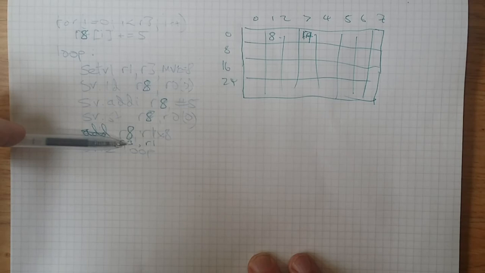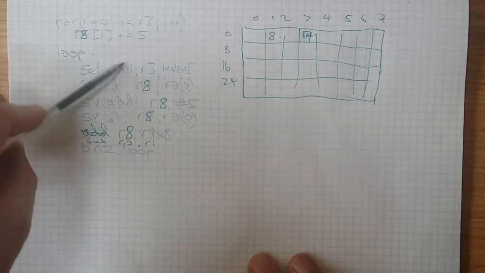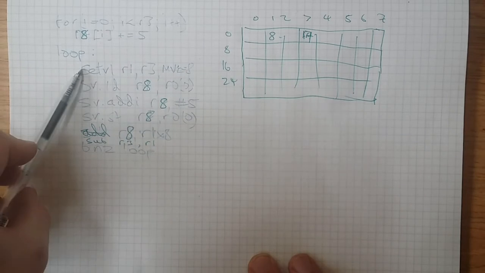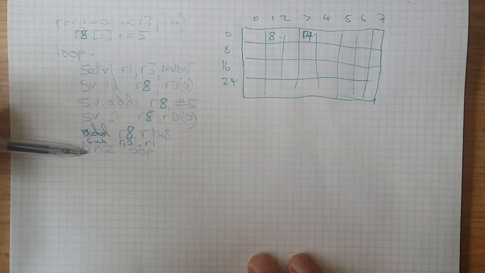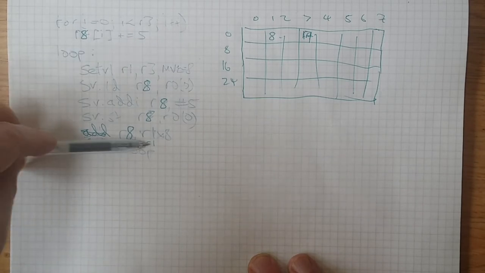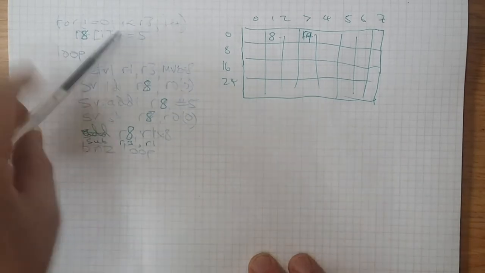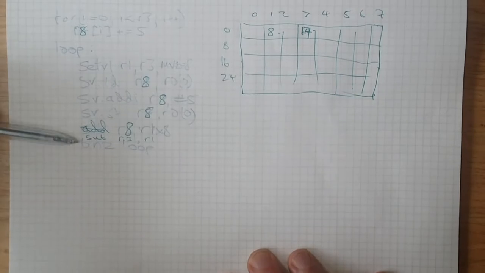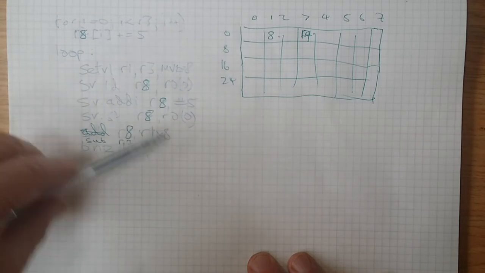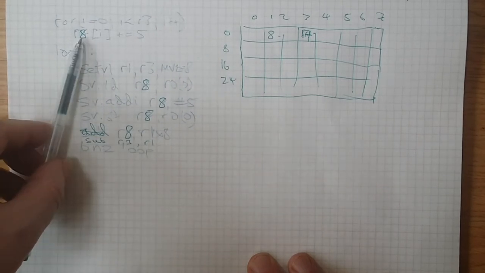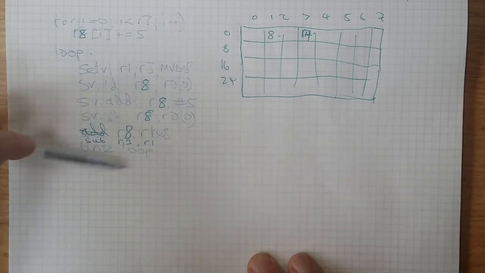R1 contains the number of elements that was actually done through this iteration of the loop, and that R1 gets subtracted from R3. So when you go back, you're doing the next 8 and the next 8 and the next 8. The pointer in memory moves on by 8 times 8 because this is a long, but the actual counter decrements by only 8.